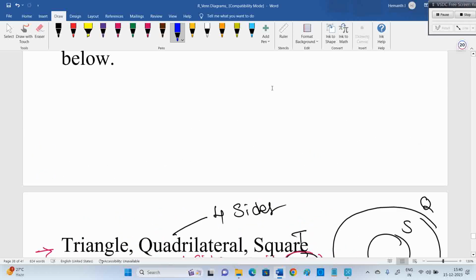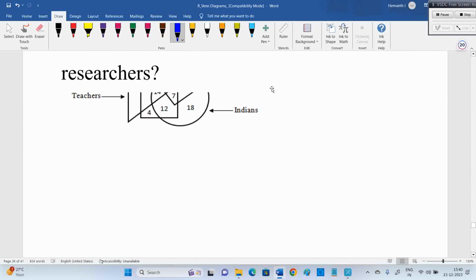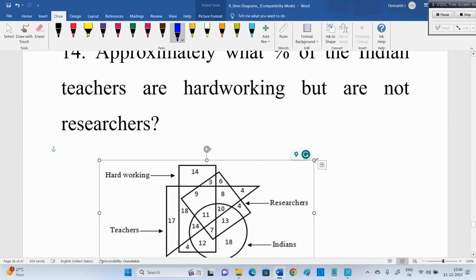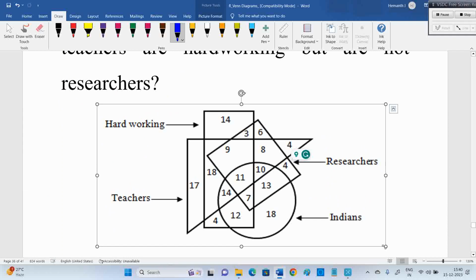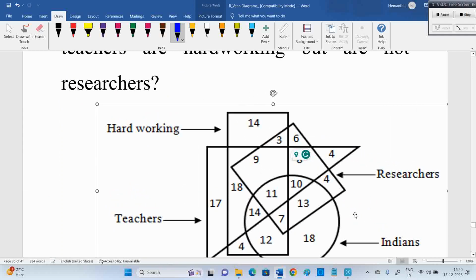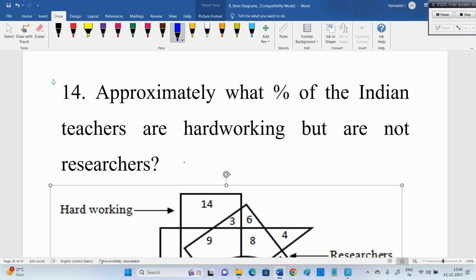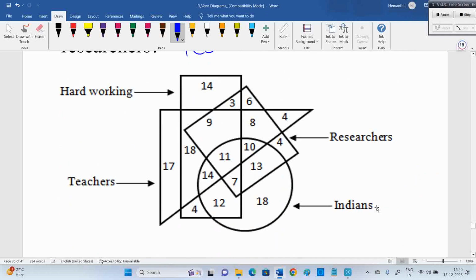One more question from diagram based questions is left over here. This question was also given in the TCS company. What are they asking? Indian teachers are hardworking but are not researchers.